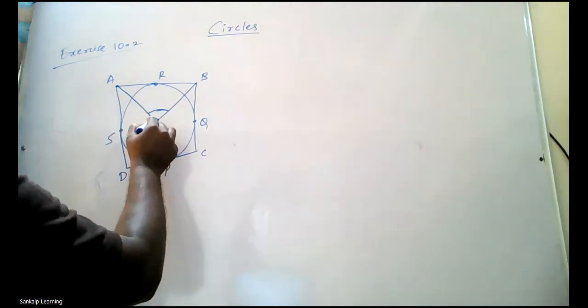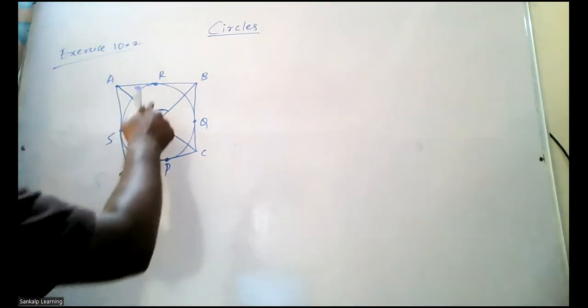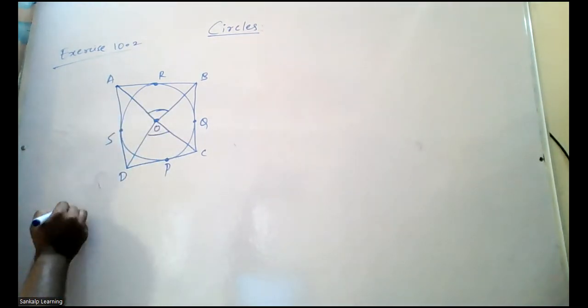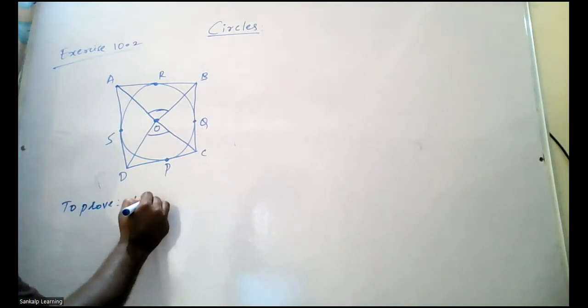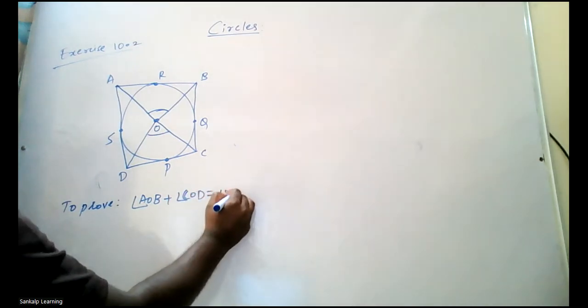Similarly, take the ends of the opposite side and join them, you get an angle. We have to prove that these angles are supplementary. If I add this and this, I get 180 degrees. So to prove is angle AOB plus angle COD equals 180 degrees.